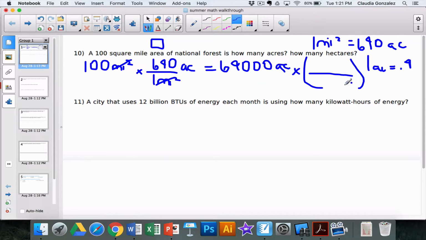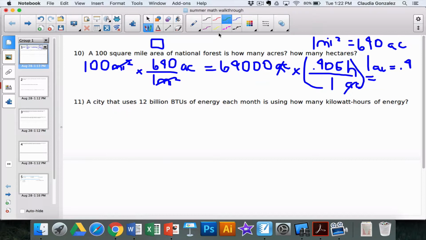My acres needs to go on the bottom in order to cancel it out. 1 acre is 0.405 hectares. And when you write out that answer, it's going to be in hectares because my acres canceled out. And I won't do the math here because I don't have room, and you guys have the answer to that.